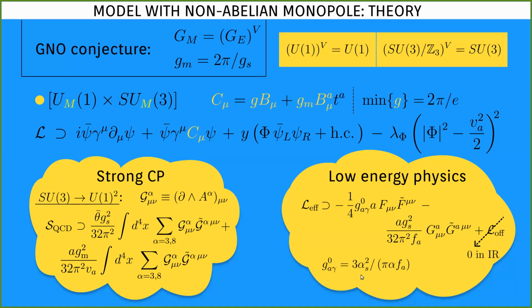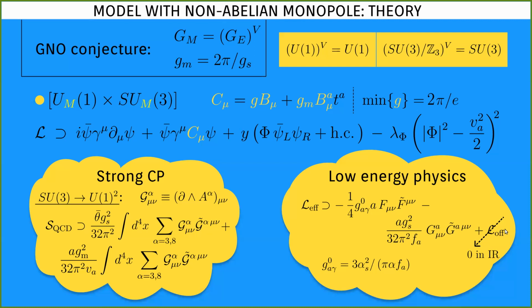So in fact, the axion-photon coupling again has a very large enhancement, but now it also depends on the strong coupling of QCD, which is very unusual for axion models. Also, one has to mention that because of this off-diagonal gluon term in the Lagrangian, we do not have a universal coupling of the axion with gluons.